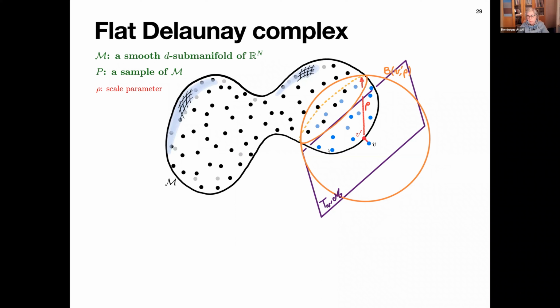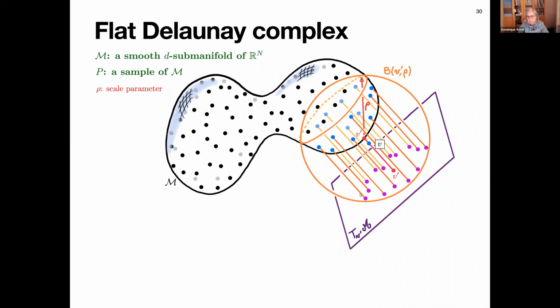We project them onto the tangent space and compute the Delaunay complex of the projected points. We collect only the simplices in this Delaunay complex that contain the vertex V prime. For clarity, I've translated the tangent space so that we can see something.